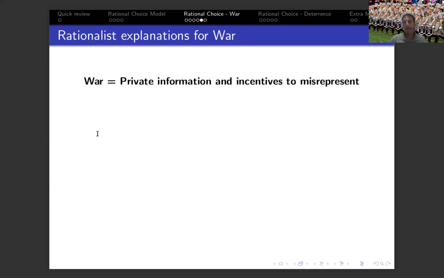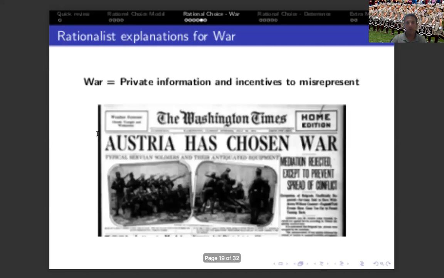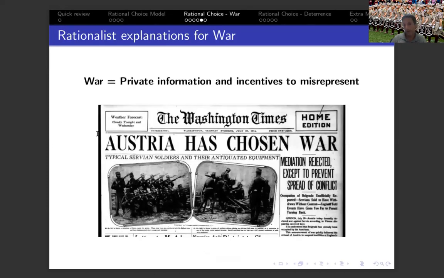Let's try getting examples for that, which will maybe clarify this argument a little bit more. So the example is the July 1914 crisis, the crisis that came before the beginning of the First World War. The crisis began in late June of 1914 when a Serb national assassinated the heir apparent to the Austria-Hungary monarchy.